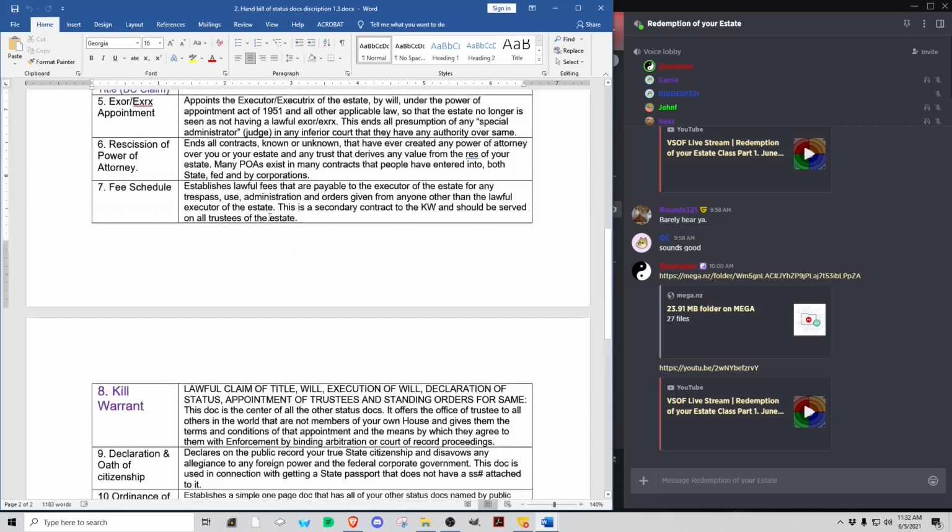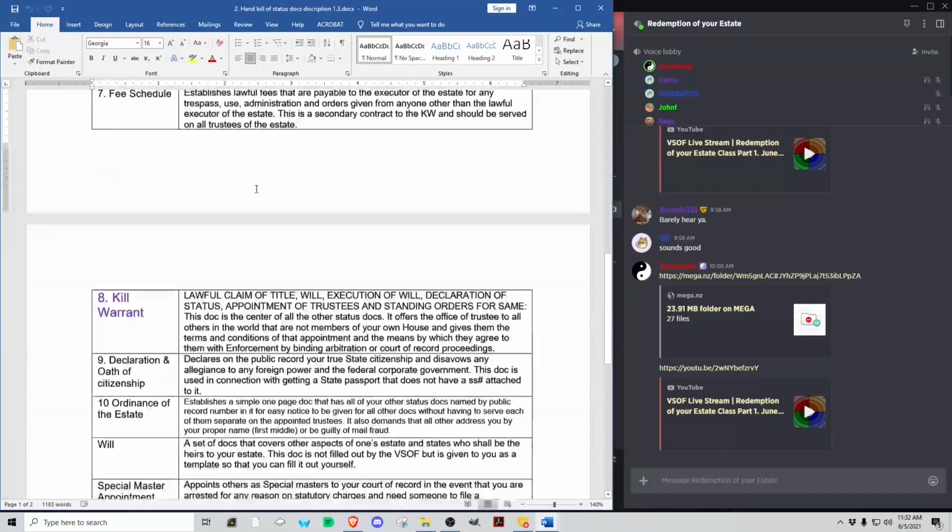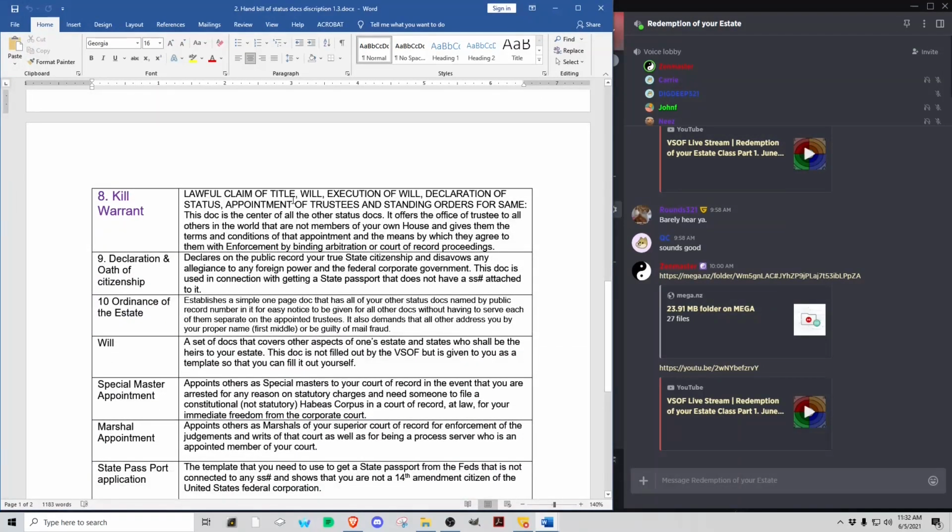The kill warrant basically corrects all of that and says, look, we've done all these things up here and established everything correctly. Now, if you come and administer my estate, then you have to put up a $300 million bond for potential fiduciary malfeasance of the administration of that estate.